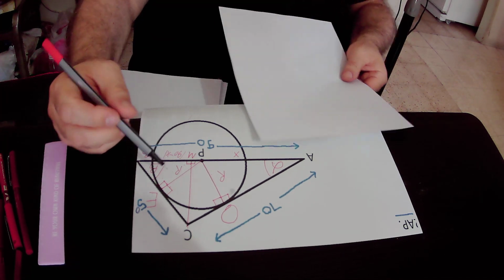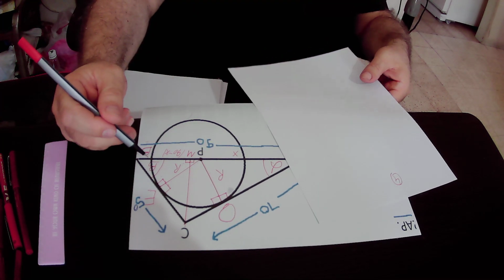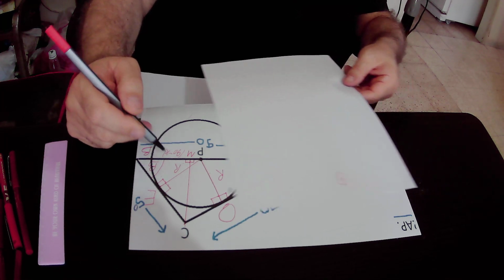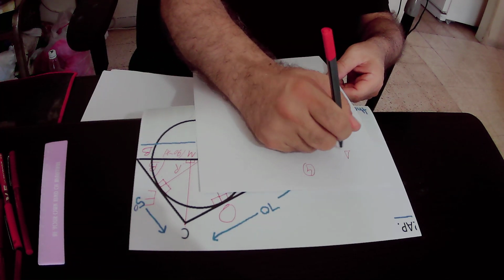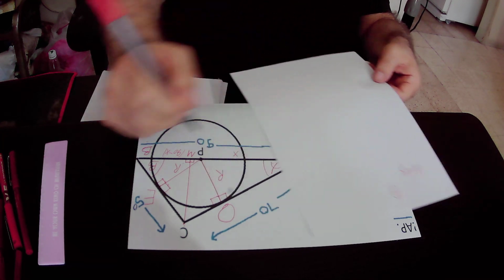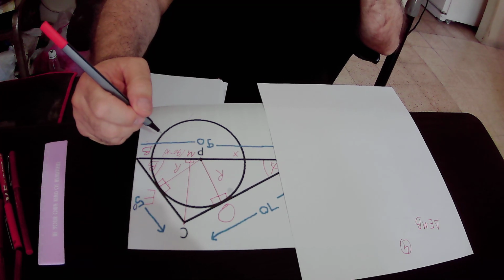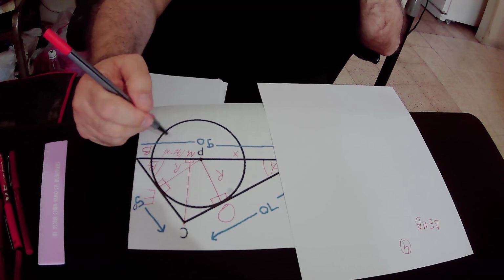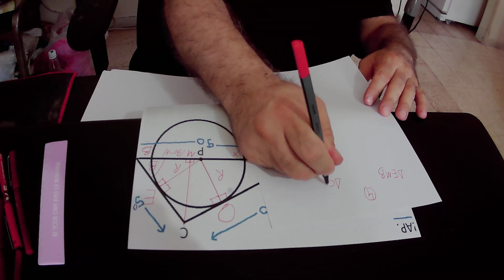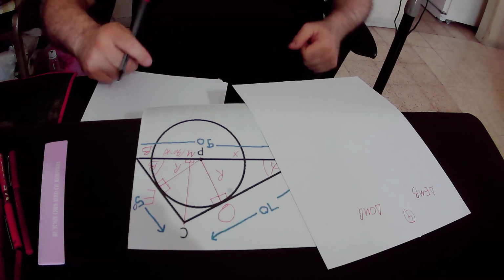The first triangle will be the right triangle EPB, and the right triangle CMB. Okay.